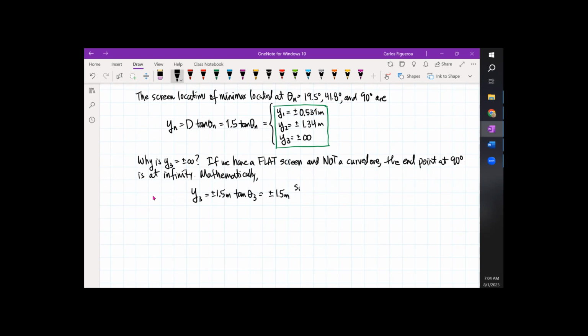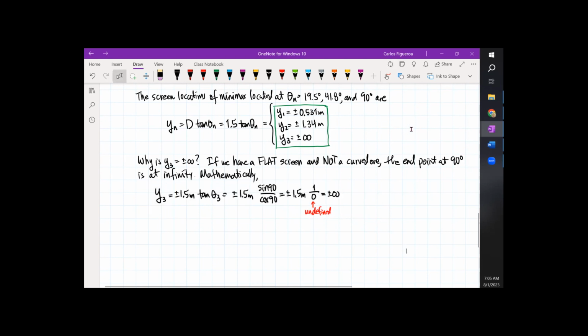This is going to be sine of 90, and this is going to be cosine of 90, which really gives you 1 divided by 0. And of course, this is undefined, and we define this by labeling it as infinity.